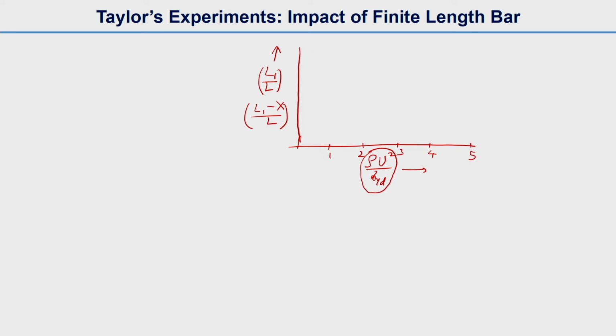So, for the L1 by L plot, it looks something like this. This is L1 by L, and this is 1, let us say 0.8, 0.6, 0.4, 0.2.